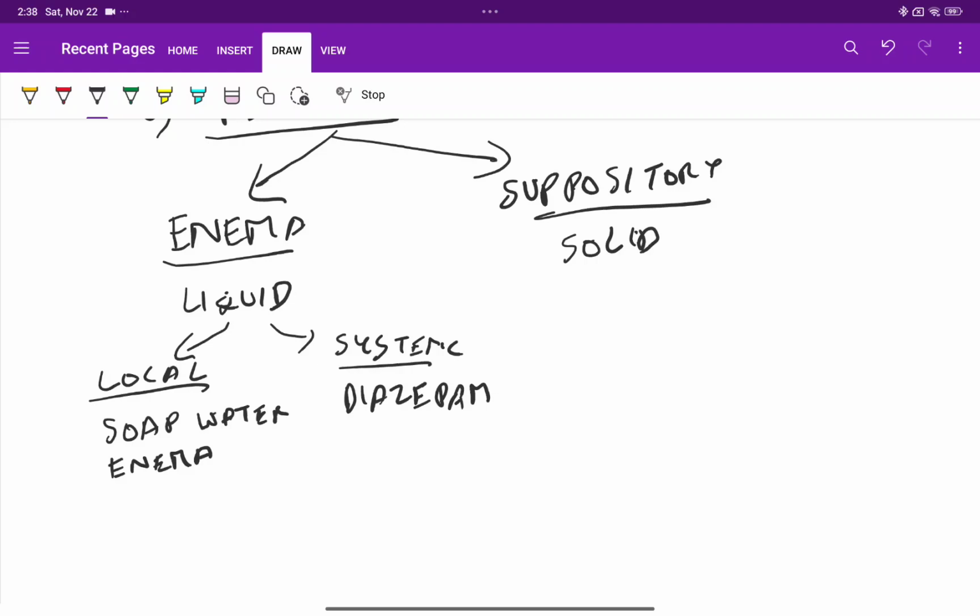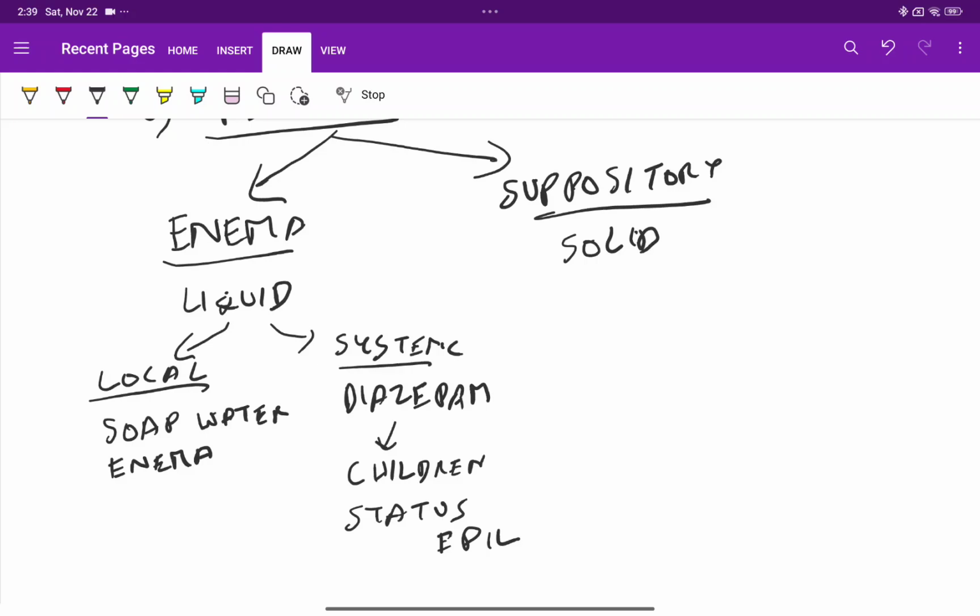Diazepam enema is given to children, because in small children it is difficult to get the IV line. That's why for emergency purposes we inject the diazepam enema into the rectum. It will control status epilepticus. This is a systemic route. It will enter through the hemorrhoidal vein into the systemic circulation. This is a local action, soap water enema.